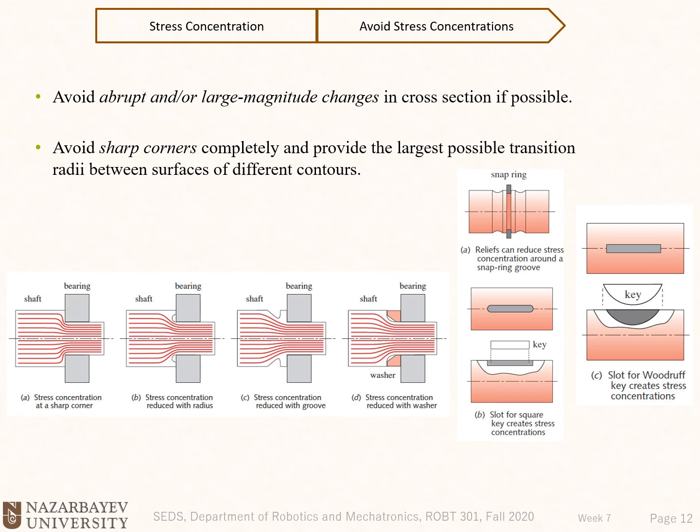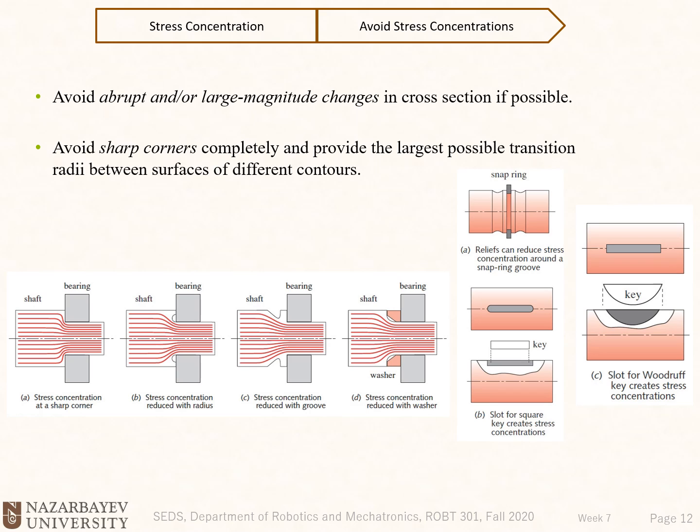So we need to avoid stress concentration any way we can, and methods to avoid that are as follows. We could avoid abrupt and large magnitude changes in cross section if possible, or avoid sharp corners completely and provide the largest possible transition radius between surfaces of different contours.